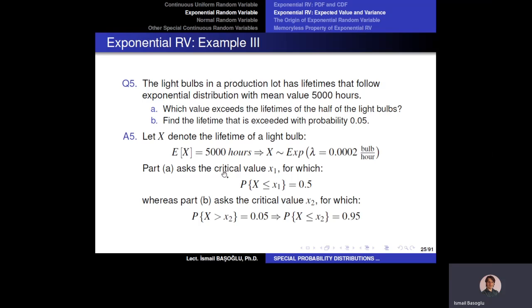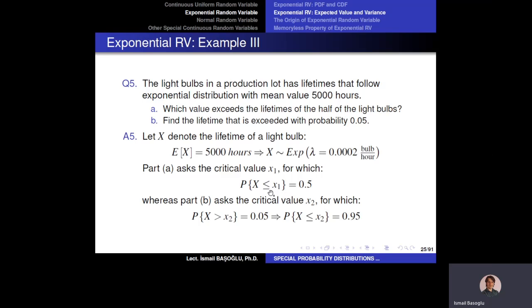So there is a critical value, x1, a certain lifetime. And this lifetime exceeds half of the lifetimes of the batteries, okay? Which means if you randomly select a battery from this production lot, it should have a 0.5 probability to have a lifetime less than this critical quantity.